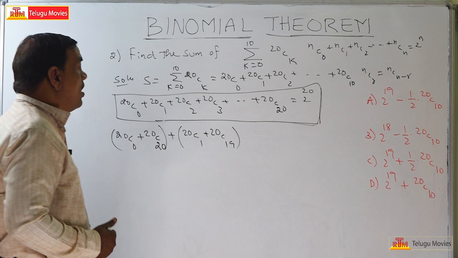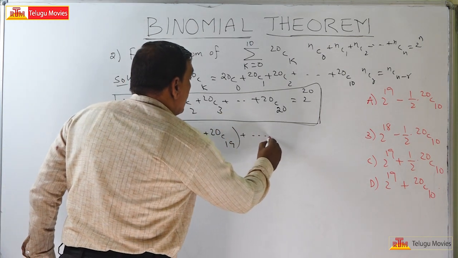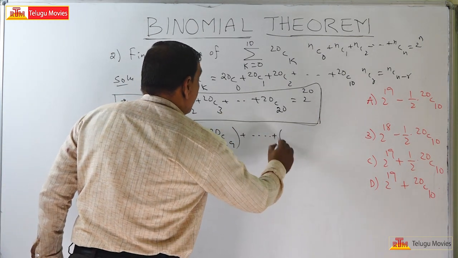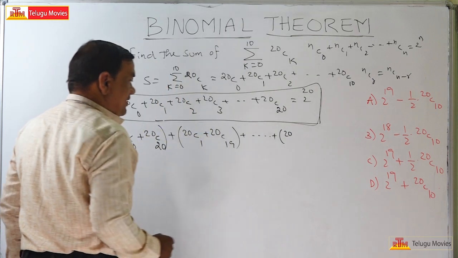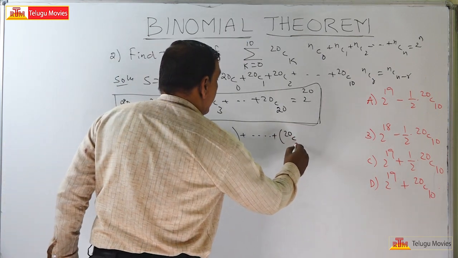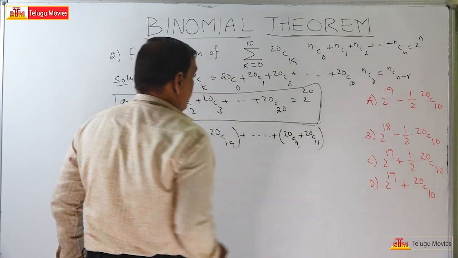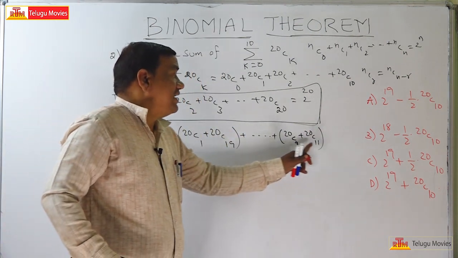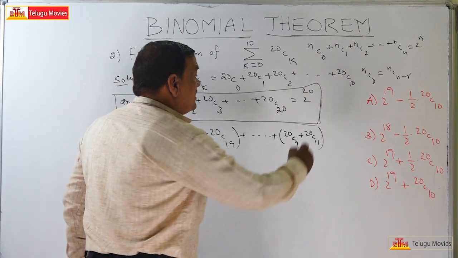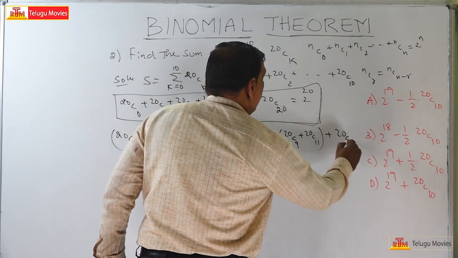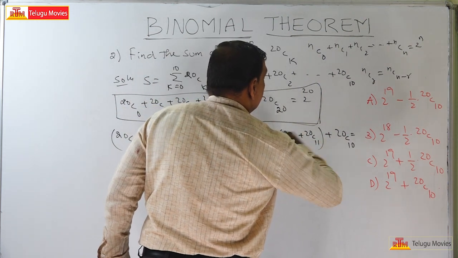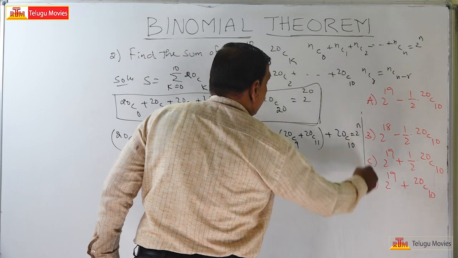If you go on writing, the last one is 20C9 value and 20C11 value, which are the same, because 9 plus 11 is 20. The term that remains is the 20C10 value. This is equal to 2 power n.